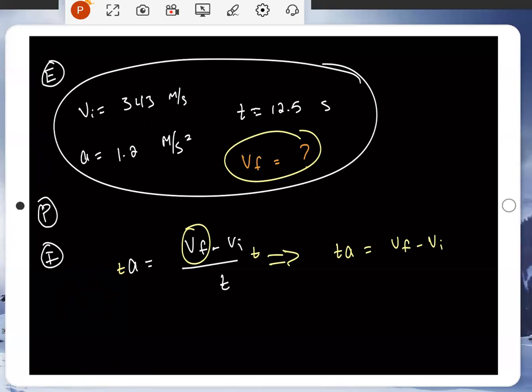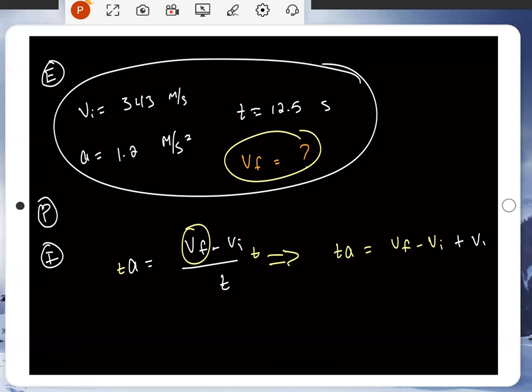Do you just divide? Wait, hold on. How do we isolate this guy, or get it by itself? I got to get it by itself. That means I have to cancel. How do I cancel minus vi? I have to add vi, right?